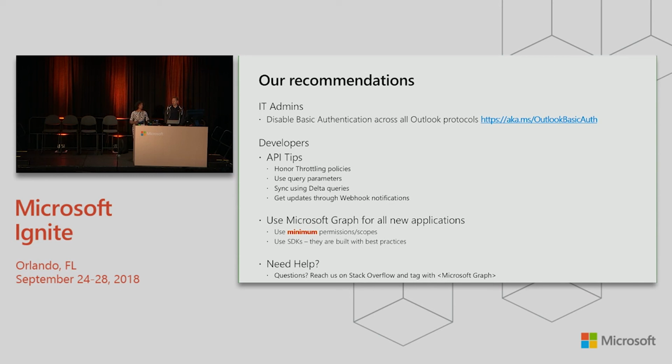So first and foremost, it is for our IT admins. We request that you disable basic auth for all of your Outlook protocols. As Tony pointed out, basic auth requires you to provide the username and password in your applications. And so by disabling it, you will protect your organization from brute force or password spray type attacks.